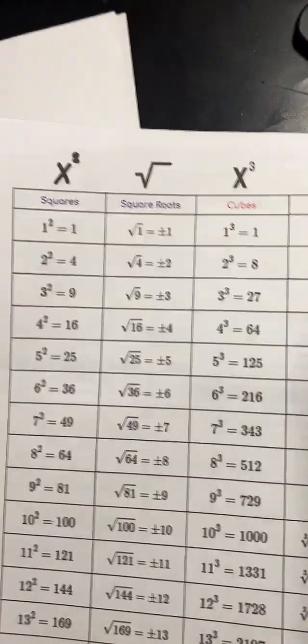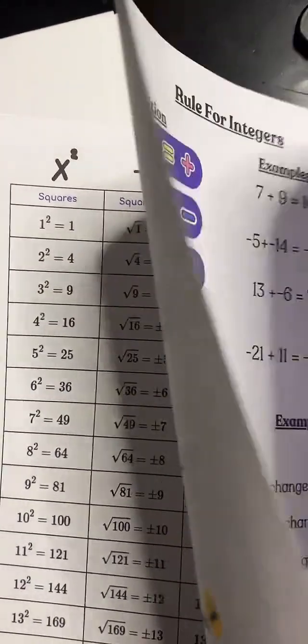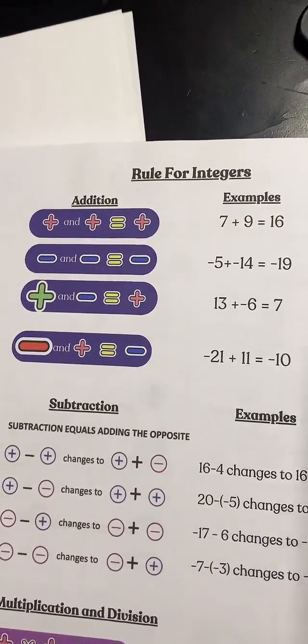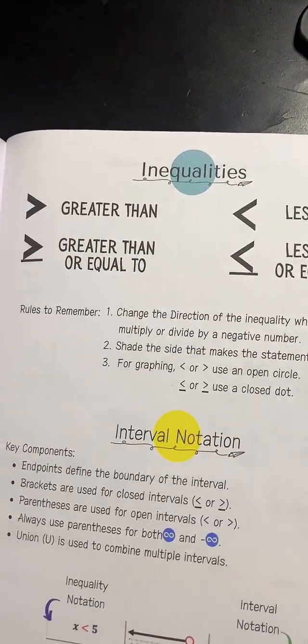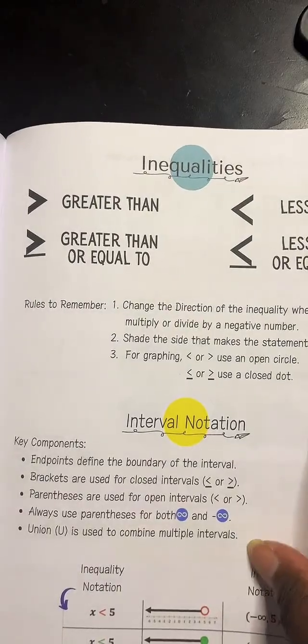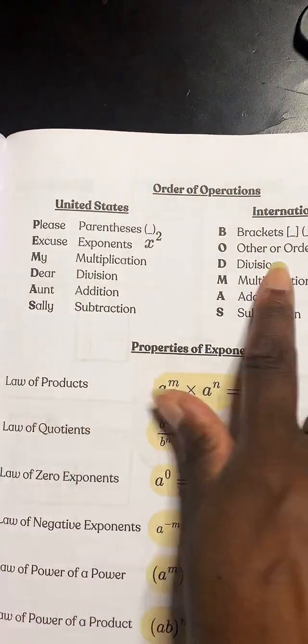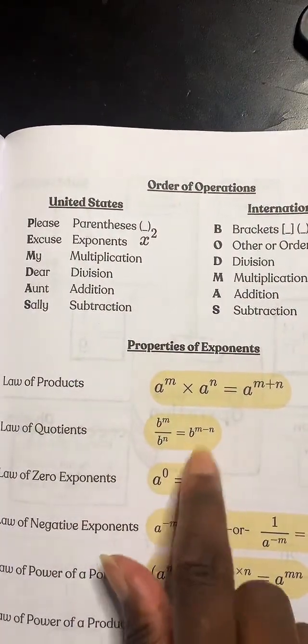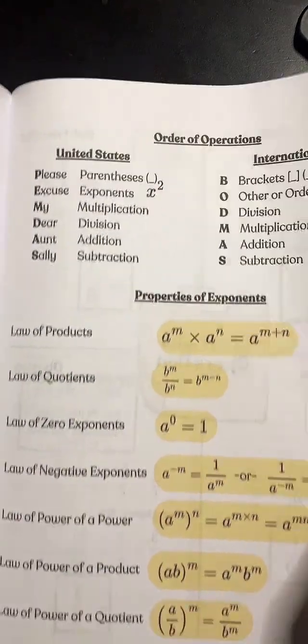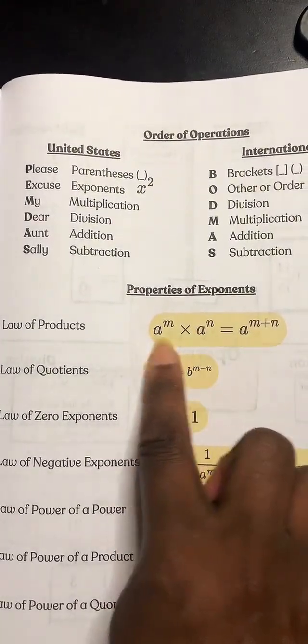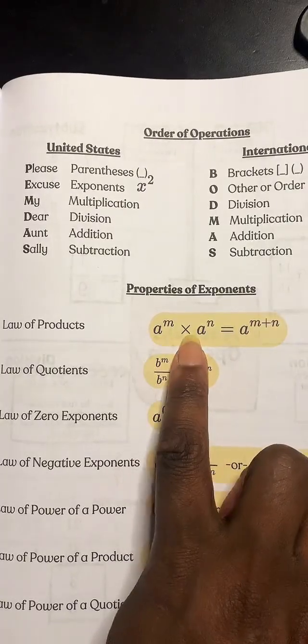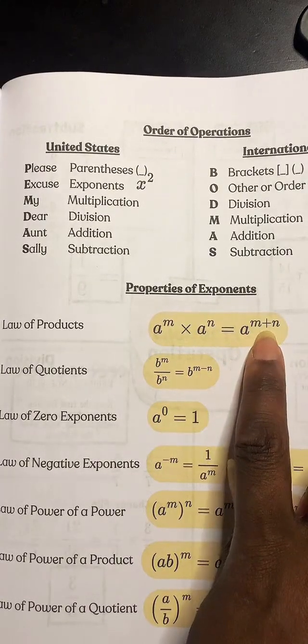We have squares and cubes and cube roots. We have rules for integers. We have inequalities, interval notation. We actually went over that a couple days ago. Order of operations, properties of exponents. Every time you guys ask me, why is it x squared? Because an x times an x, 1 plus 1 gives me 2. That gives me my x squared.